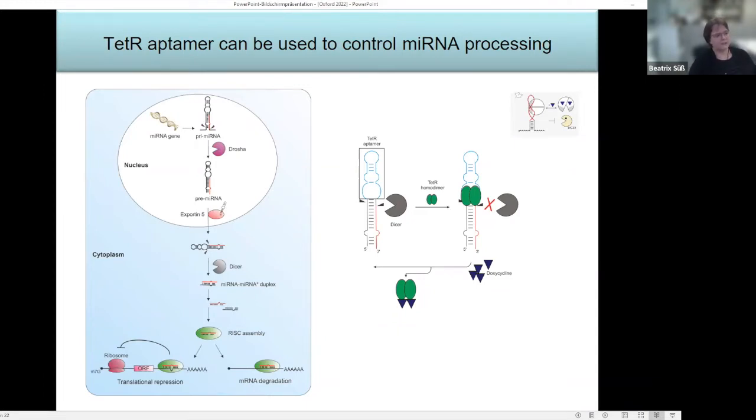And the idea was then, if the TET repressor binds, then it may be simply a steric hindrance for Dicer. If we add doxycycline, if the protein dissociates from this aptamer, then Dicer may cleave and lead to mature microRNAs.